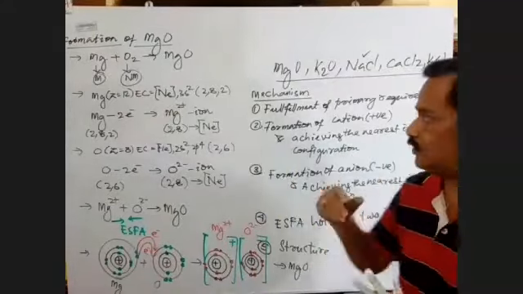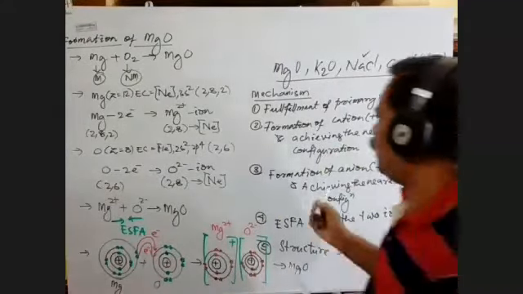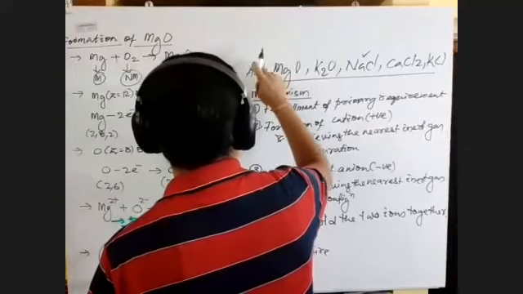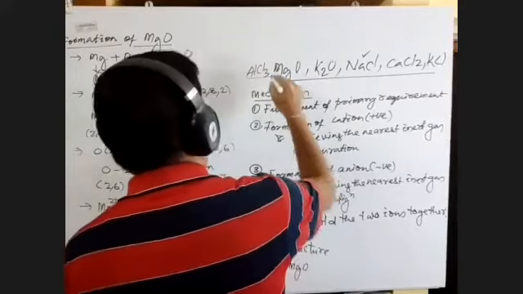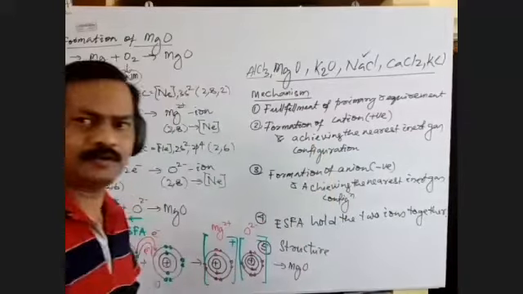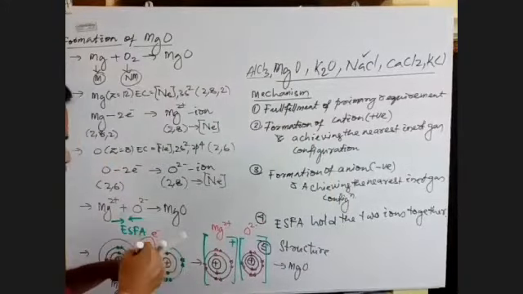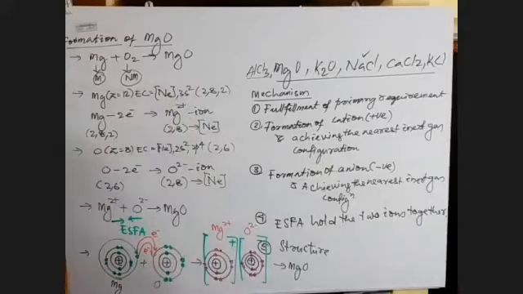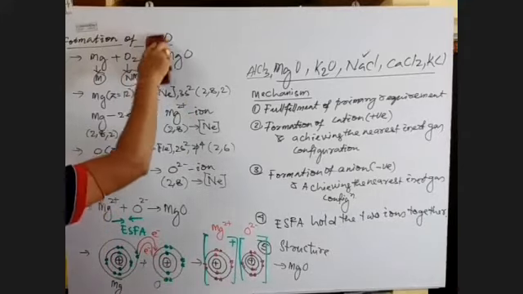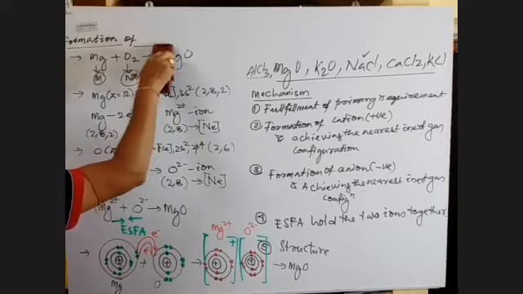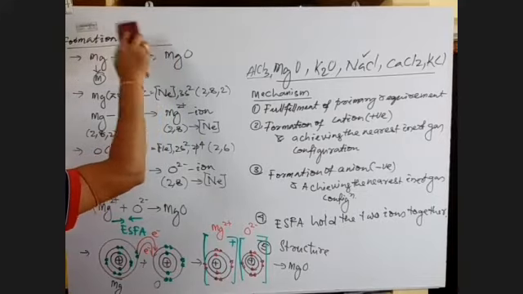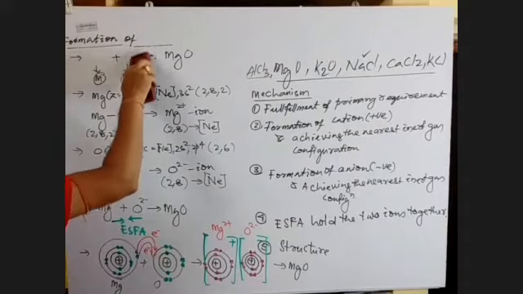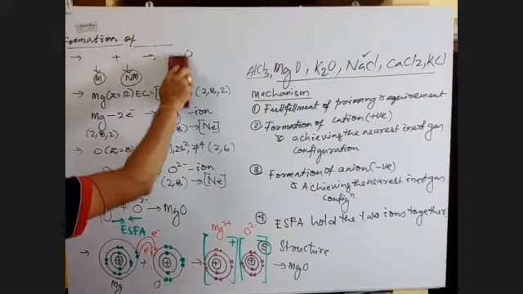Now, if I take another example, like aluminum chloride, AlCl3, the formation of aluminum chloride. So what will I do? Now here only I have to change something, because the process is the same.